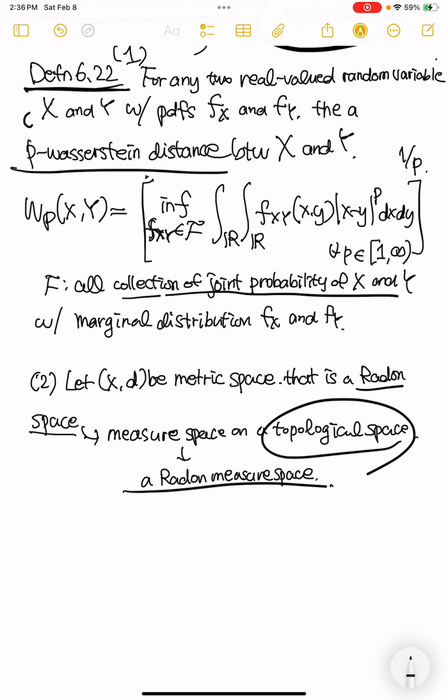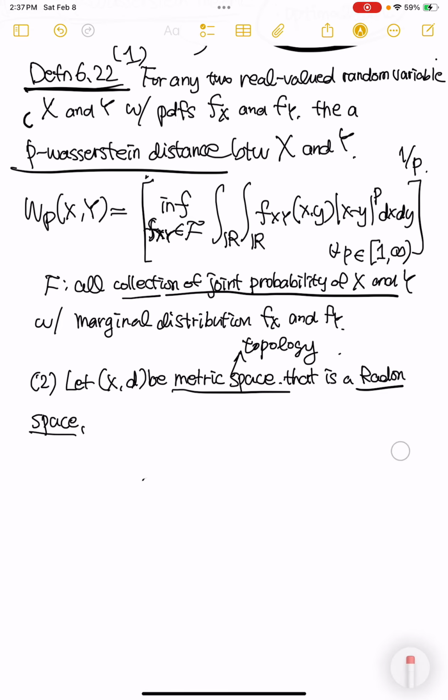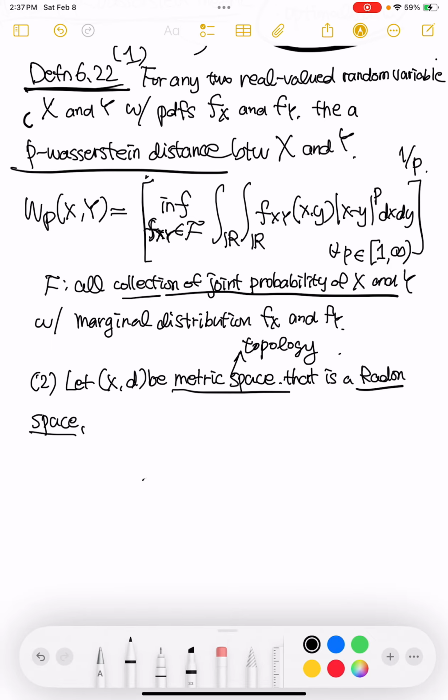The construction is a little different from the general set X, but we can anyway construct a Radon measure space. And of course, the metric induces a topology, so we can construct a Radon space. Anyway, a Radon space is just a measure space on a topological space.